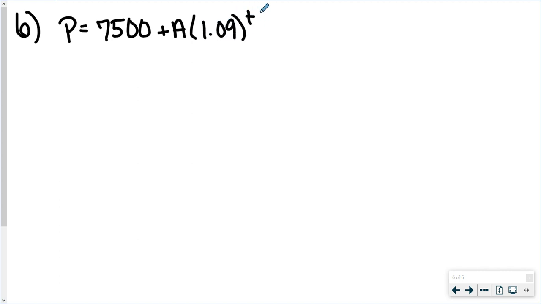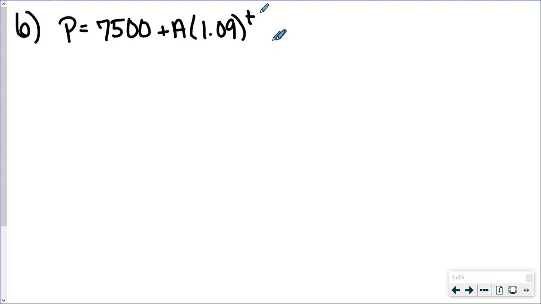The doctor found, based on historical data, that the population of otters, P, could be modeled by P equals 7,500 plus A times 1.09 to the T power, where A is a constant and T is the number of years since the start of the year 2000, where T is greater than or equal to 0.